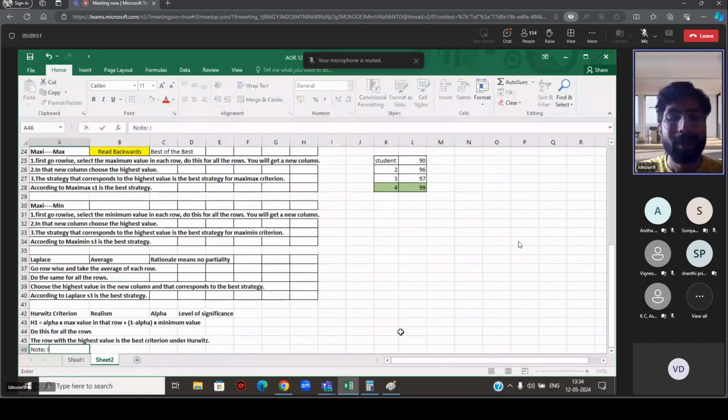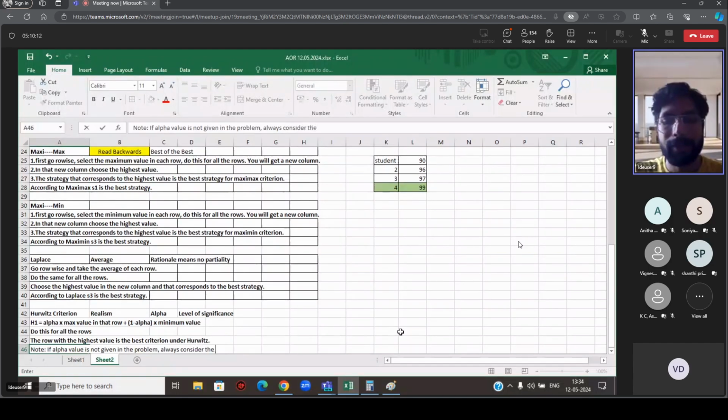Note, if the alpha value is not given in the problem, always consider the alpha value as 0.5.